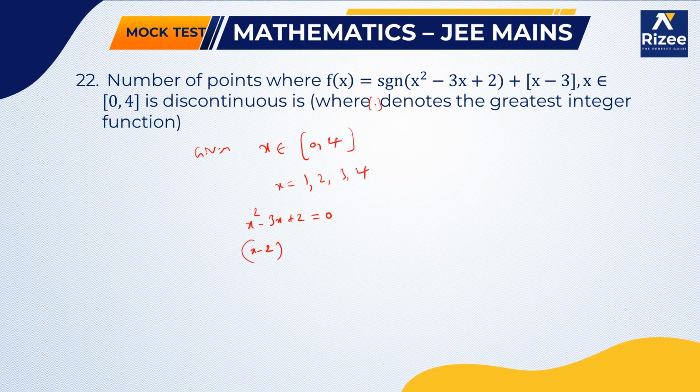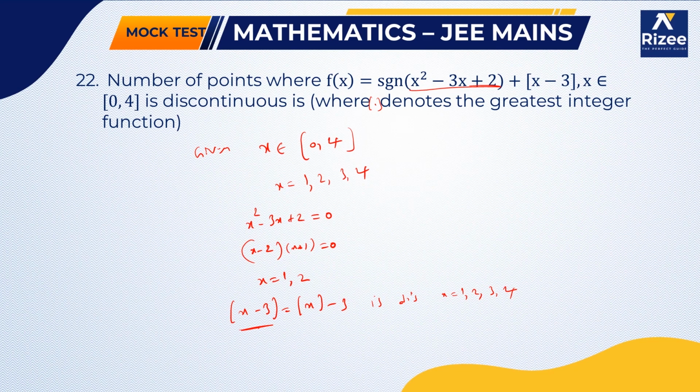Step of x minus 3 is discontinuous, because the step function can be discontinuous at x equal to 1, 2, 3, 4. So 3 and 4 are the discontinuous points. Now I am taking the two functions, the signum function and the step function, separately.